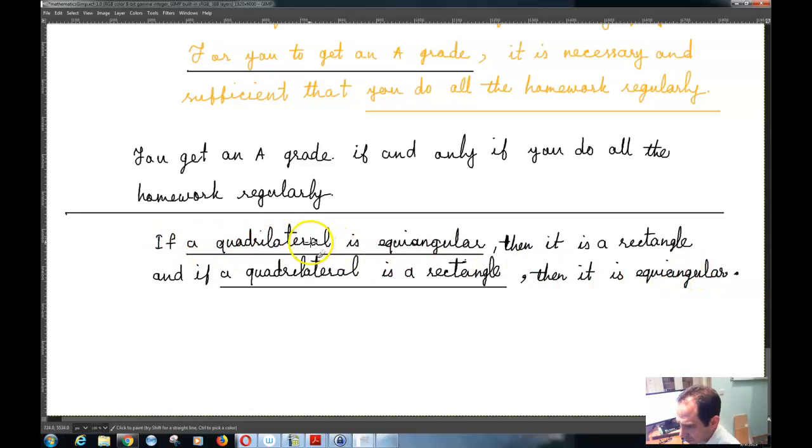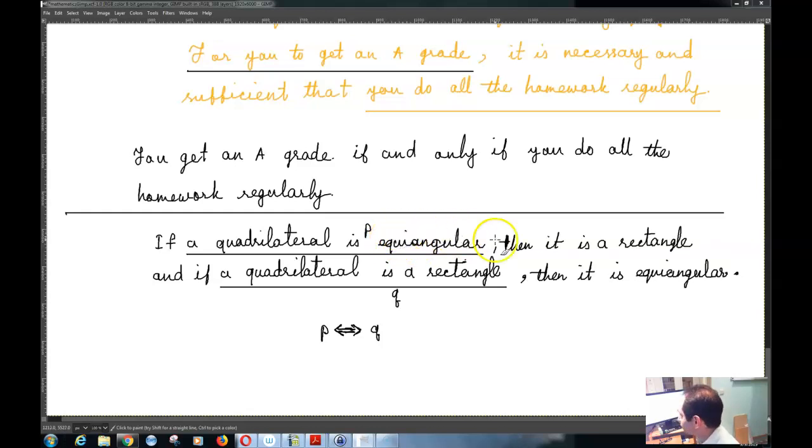So you can say that if you take this as P and this as Q, then you can say P if and only if Q, meaning that a quadrilateral is equiangular if and only if it's a rectangle, which I suppose is what is written here.